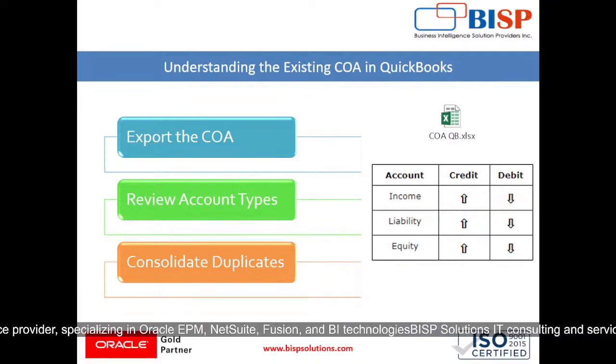Then we will be reviewing account types, where we will be identifying the types of account like assets, liabilities, equity, income, expenses, like that. Then we will be consolidating duplicates, where we will be merging duplicate or redundant accounts for simplicity and accuracy.